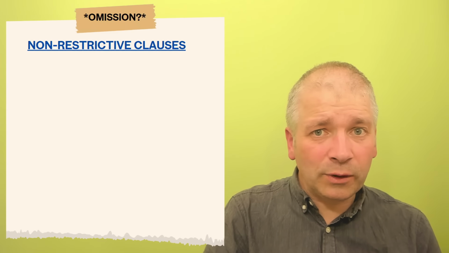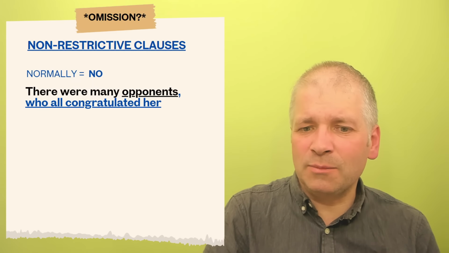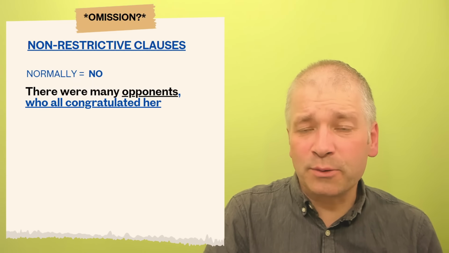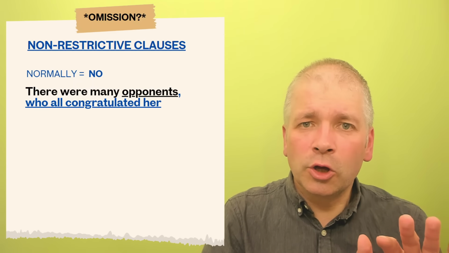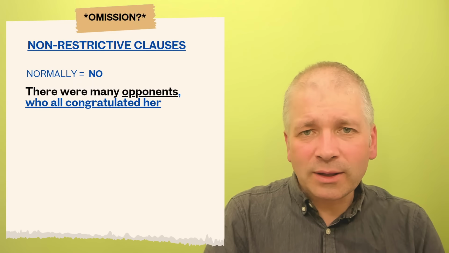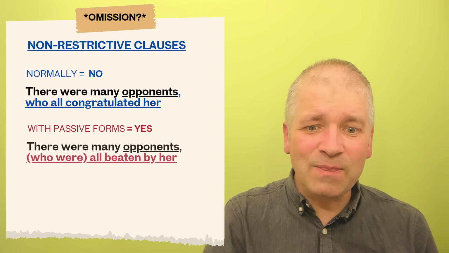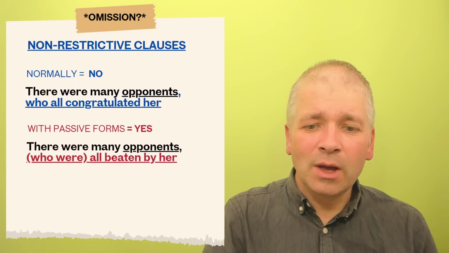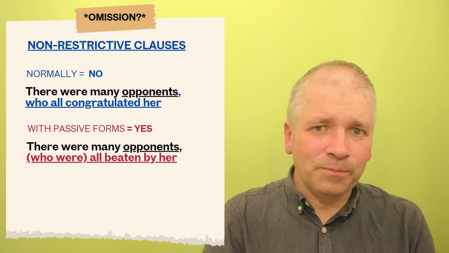With non-restrictive clauses, we normally cannot shorten these. We normally have to say them in full. For example, there were many opponents who all congratulated her. We cannot leave out the word who here. But there is one case where you can leave out words with a non-restrictive clause. And again, that's when you use the passive. There were many opponents who were all beaten by her.